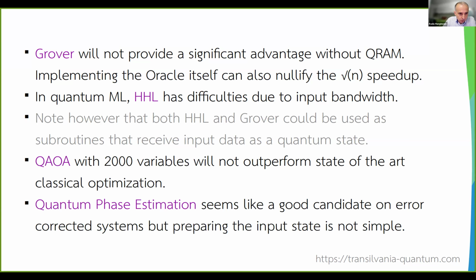Then there is quantum phase estimation. This is an algorithm which seems like a good candidate on systems with error correction. But there are problems here as well. In order to run quantum phase estimation, you need to provide an input state which has a significant overlap with the state you are looking for, the ground state, which is something that you generally want to calculate.